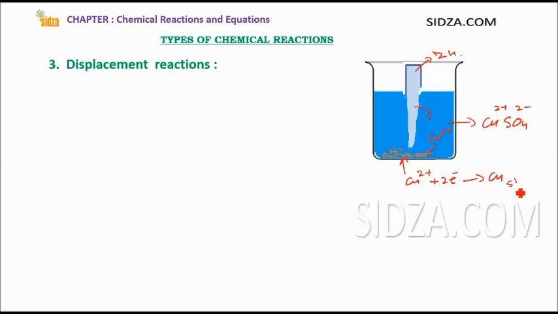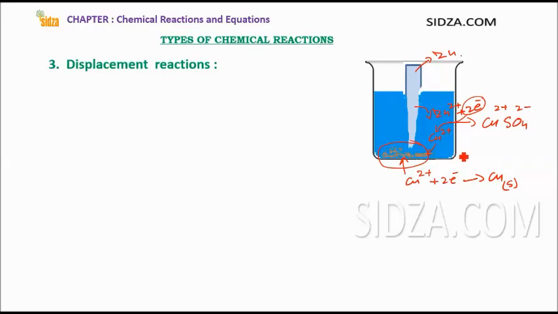Now the metallic zinc is changed into zinc ions, Zn 2+ and 2 electrons. These 2 electrons are accepted by the copper from the solution, and it forms the metallic solid copper here, the precipitation of copper. So which means that zinc, being a more reactive metal, can displace a lesser reactive metal like the copper.